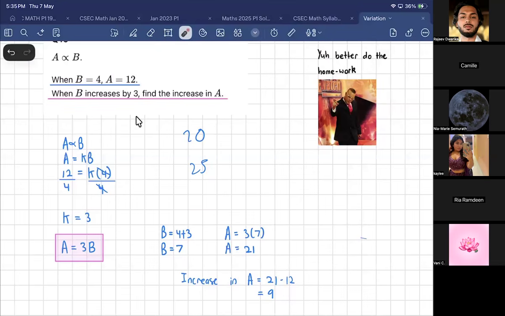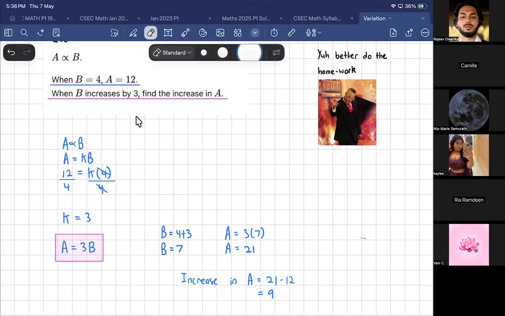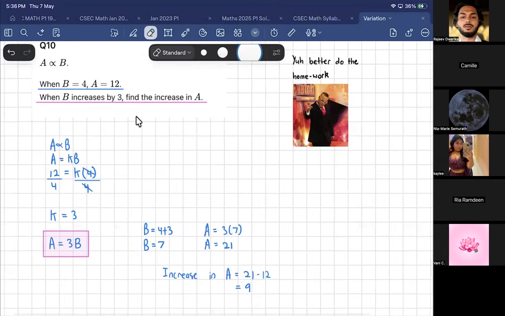And remember, A is always just 3 times whatever B is. And since B is 7, A would just be 21. So that's the new value for A. So how much should A increase by? 9. Yeah. You understand? Yeah, I understand. Okay. Easy, right? Yeah.